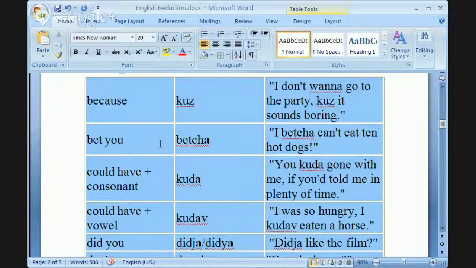Here's a weird question, Daniel. Cuz is the reduced pronunciation for because. It also sounds exactly the same as a reduction for another word in English, much less commonly used than the word because.